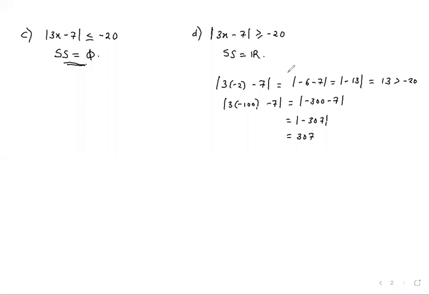Okay, let's go to E. The modulus of 2x plus 8 is less or equal to negative 10.